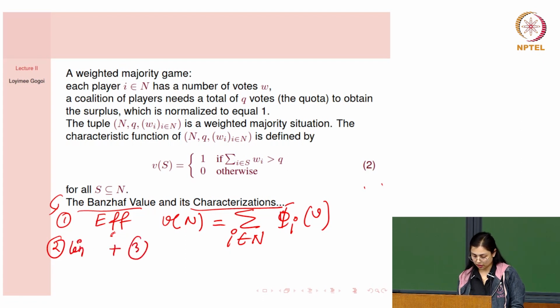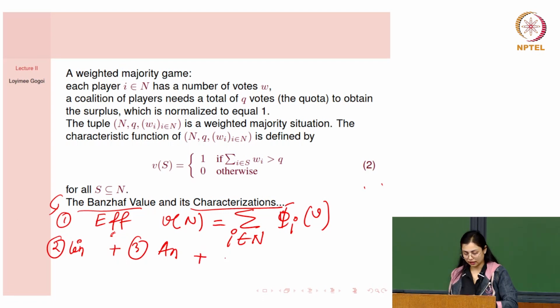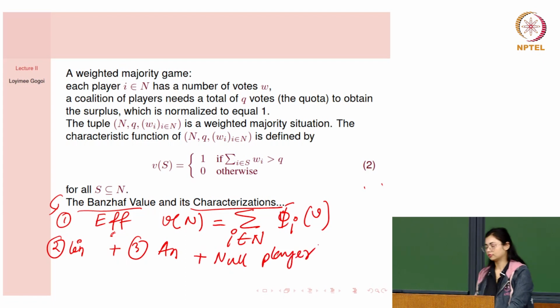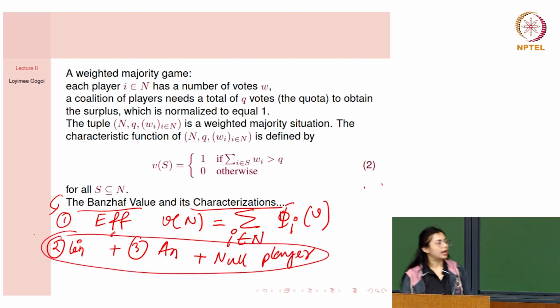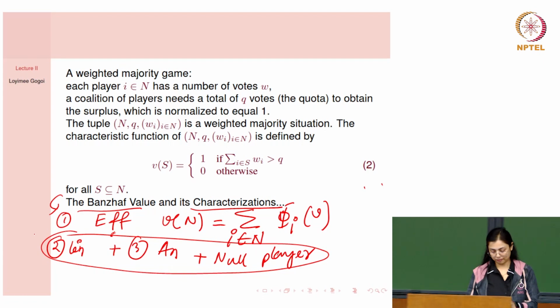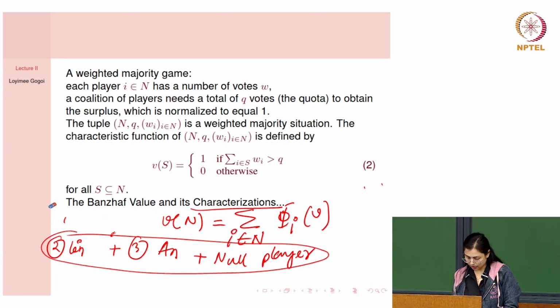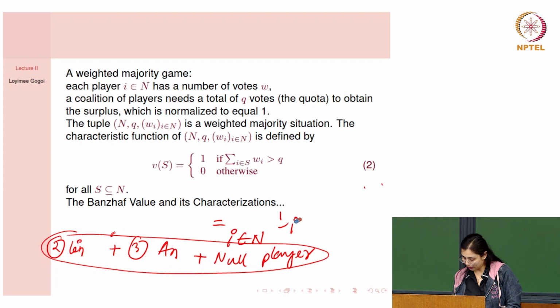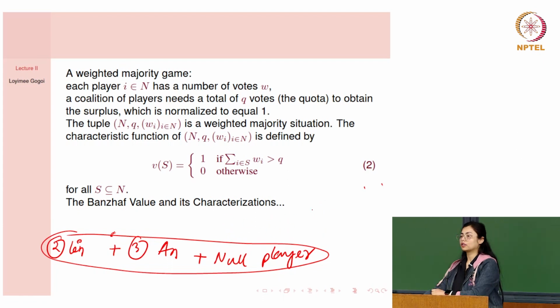Linearity, anonymity, as we discussed for the Shapley value, symmetry, and the third one again, null player. It satisfies these axioms, along with one axiom that replaces efficiency, called total power index. So what is this total power index?